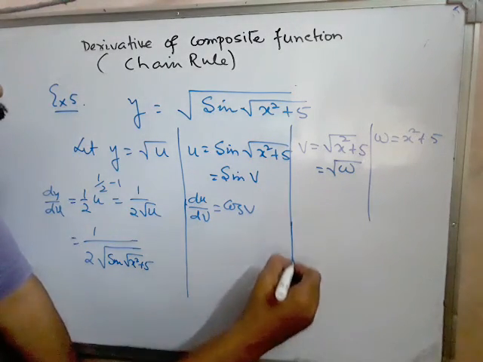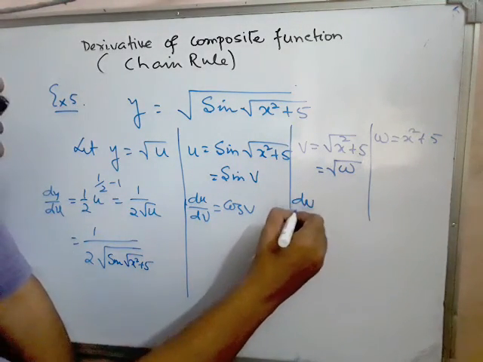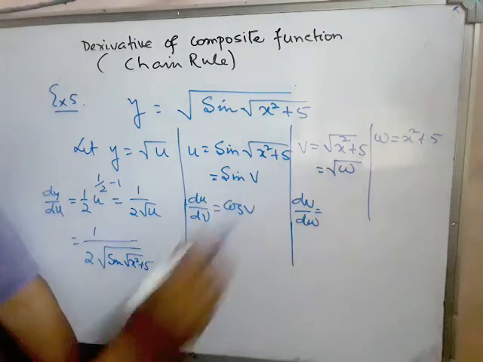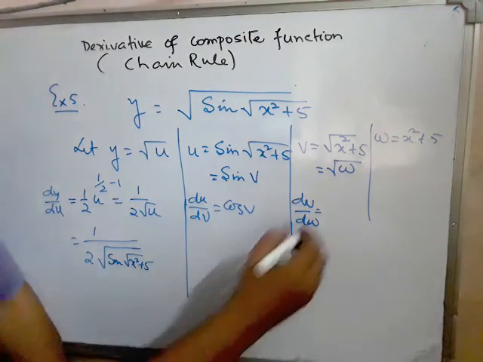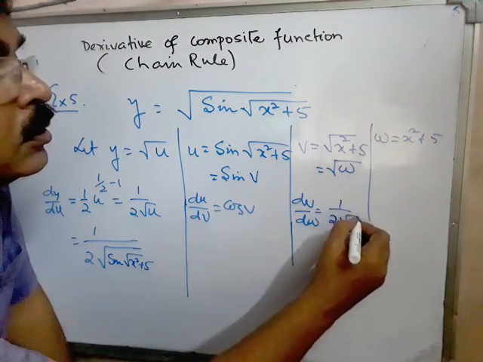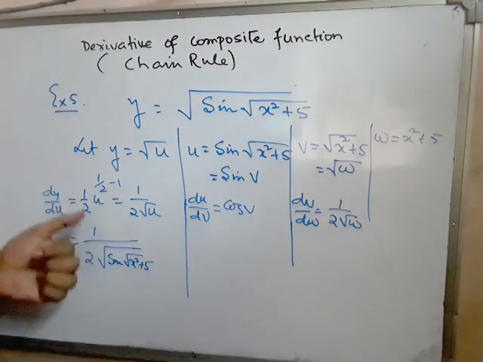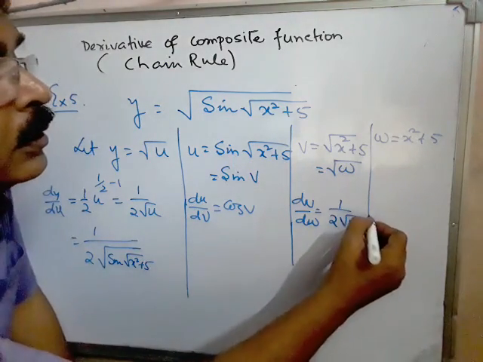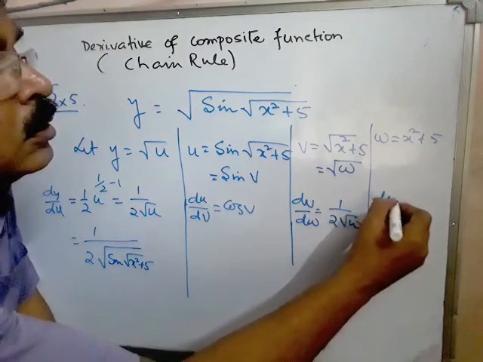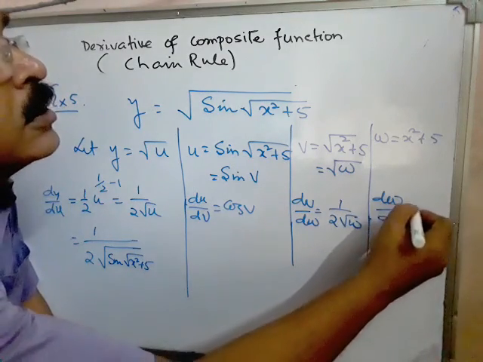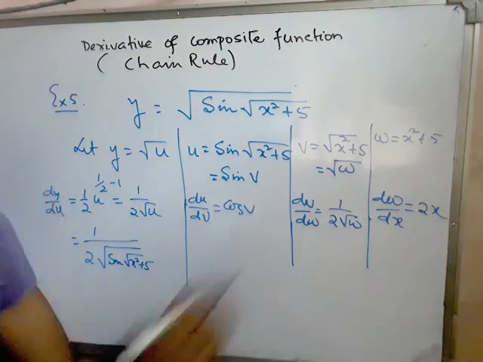Again dv by dw is w to the power half, means 1 by 2 root w as the previous one, and last dw by dx equals 2x.